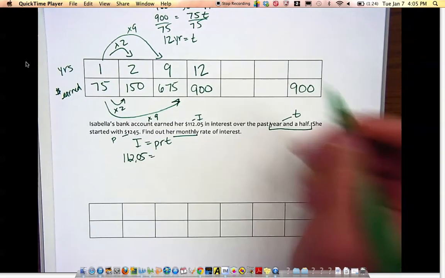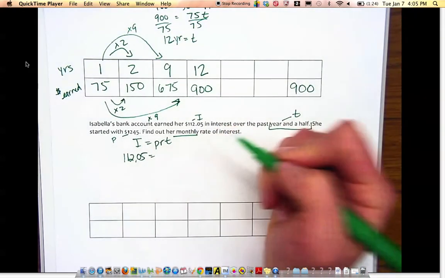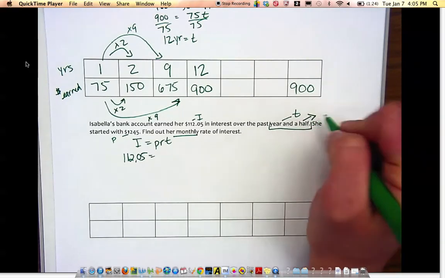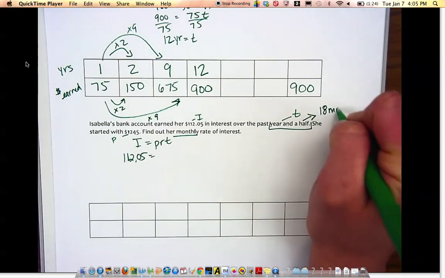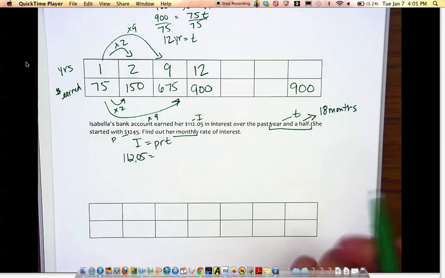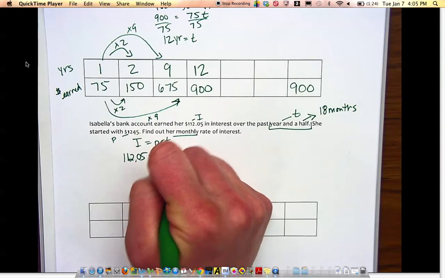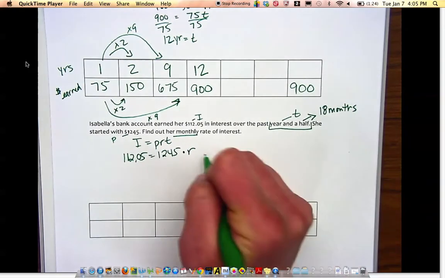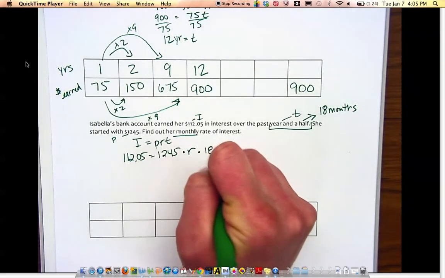I want to know the rate, but I see this is monthly. So that means this year and a half is really going to be 18 months, because this is a monthly rate. All right, so $1,245 times R, we don't know what R is, times 18.